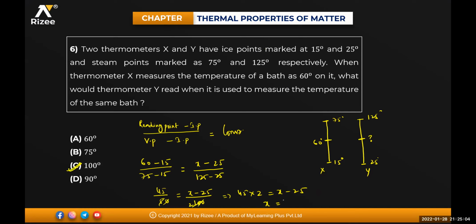So 90 is equal to Y minus 25, Y will be 90 plus 25. That will be equal to how much for me? 115. So the nearby only option which I can tick is 100. ठीक है ना? Is that clear?